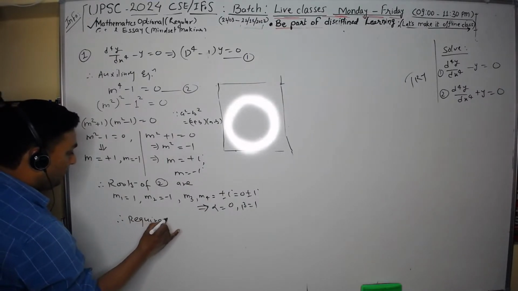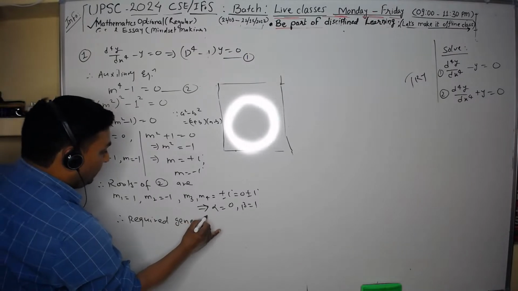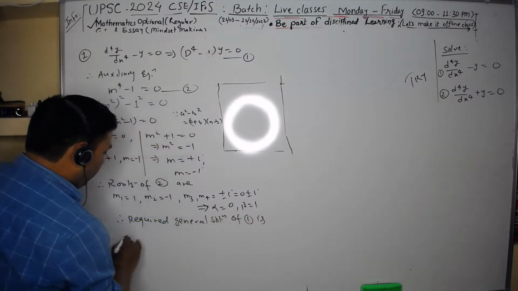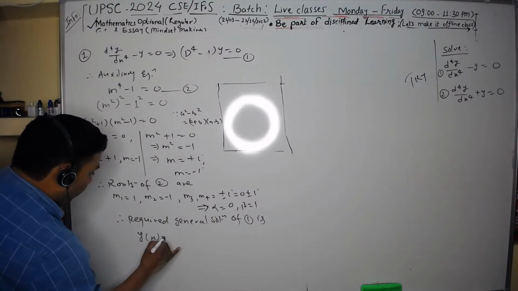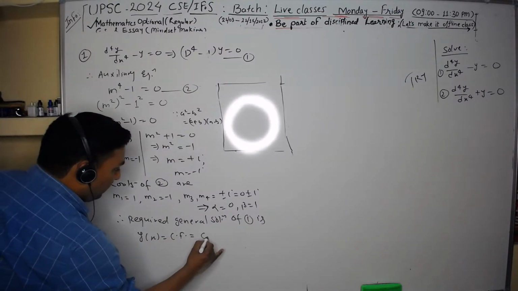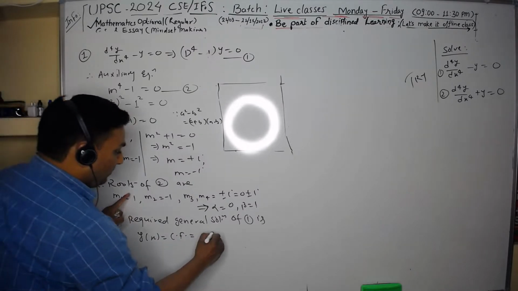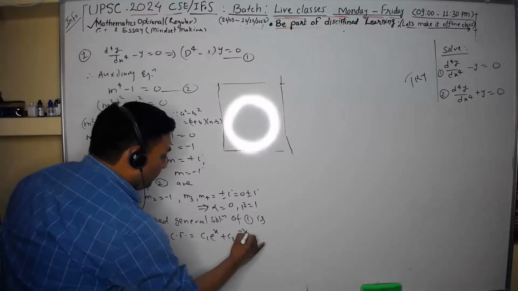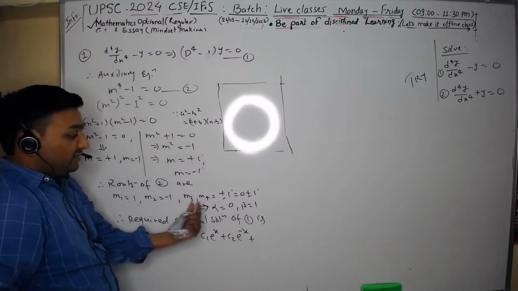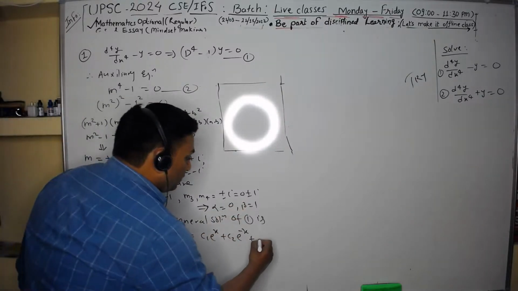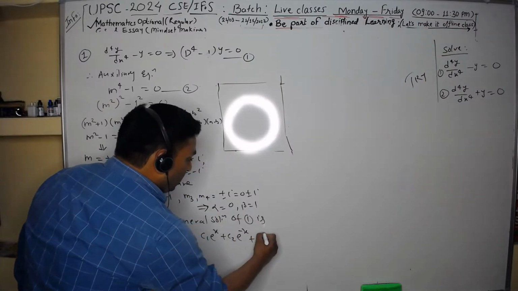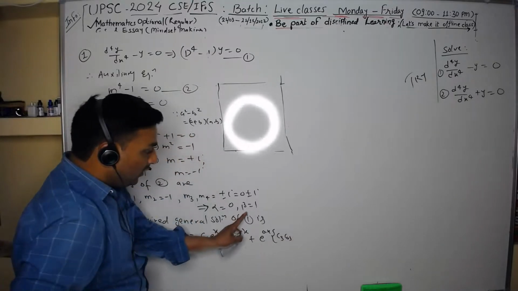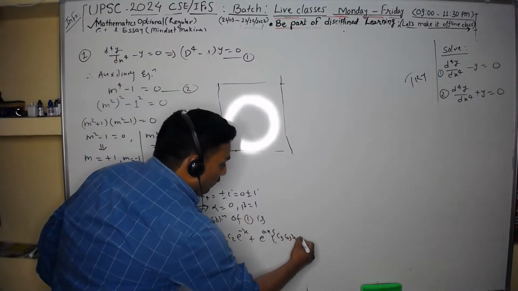So required general solution of 1 is y of x equals cf c1 e raised to the power m1x plus c2 e raised to the power m2x plus complex roots है यहाँ पर, so it will be e raised to the power 0 into x into c3 cos beta, beta का value 1.